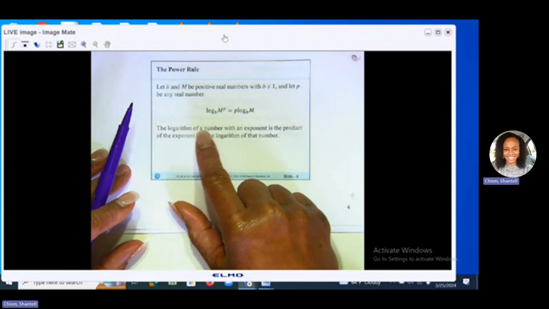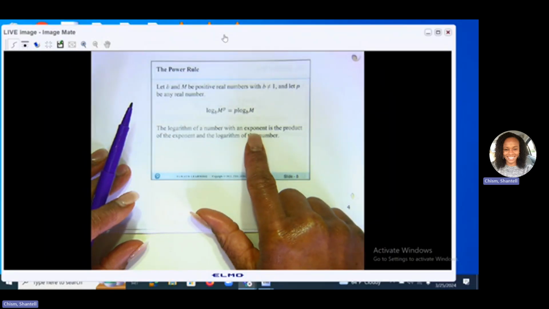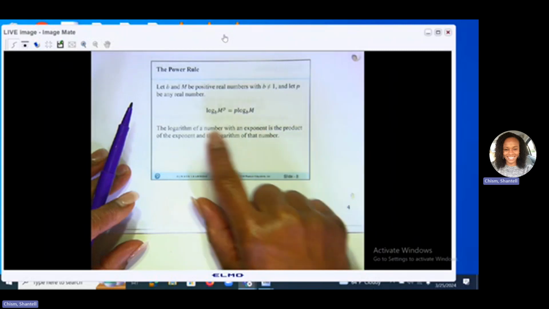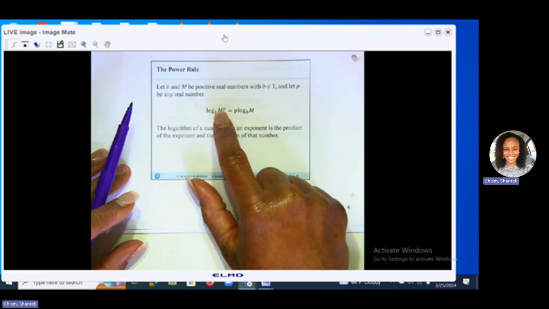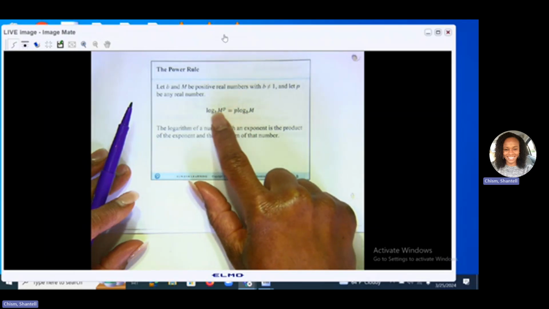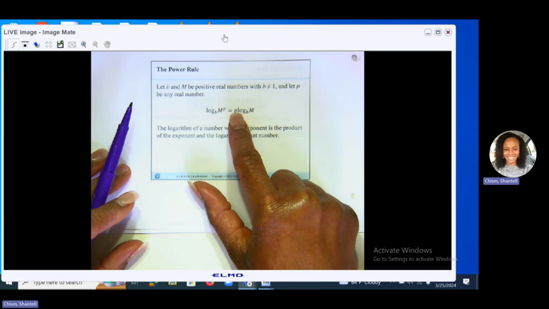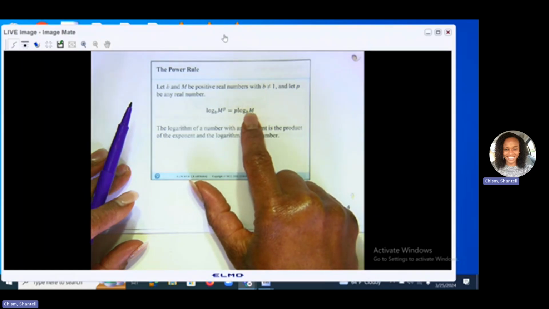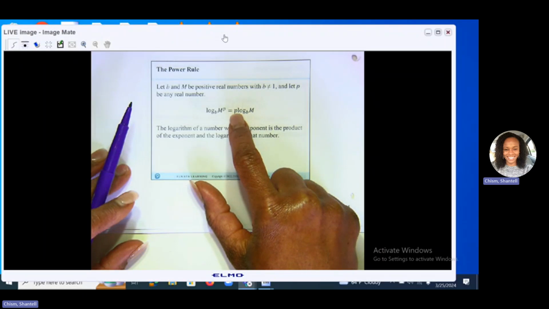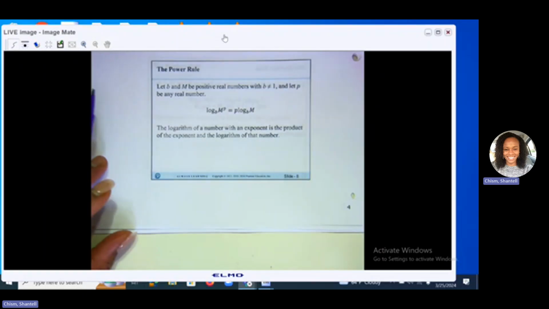So the logarithm of a number with an exponent is equal to the product of the exponent and the logarithm of that number. So you basically bring down that power in front of the log expression and show it as a product. Then we're able to evaluate the log and then multiply that answer that we get, if we are able to, by that power. Okay? That is the power rule.